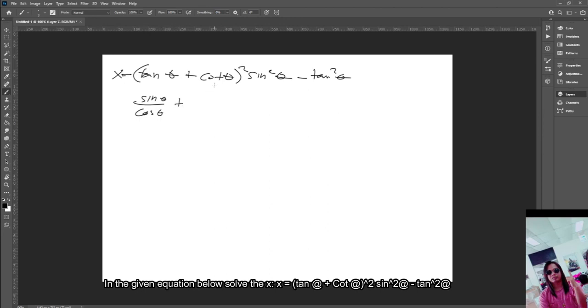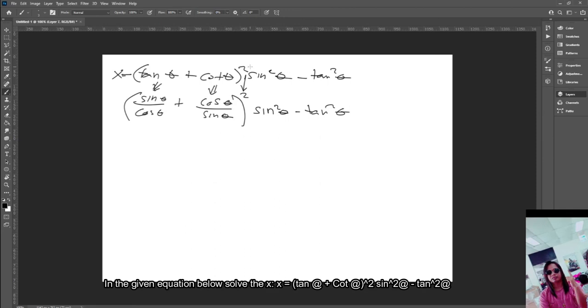Okay, and then this one, you can express as cosine over sine, because this is like the inverse. And then don't forget, this is what we are missing: write that down here, the sine squared theta minus tangent squared theta.